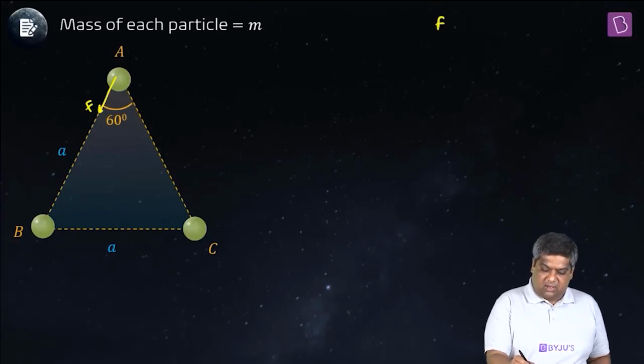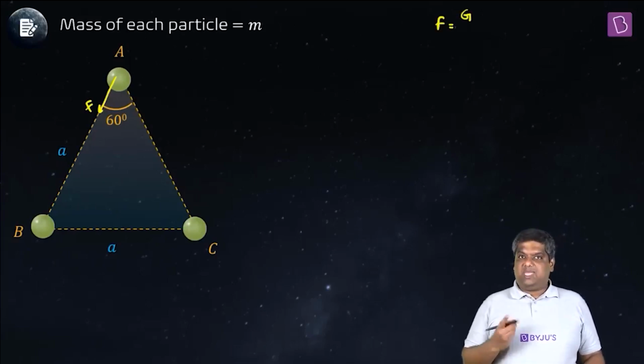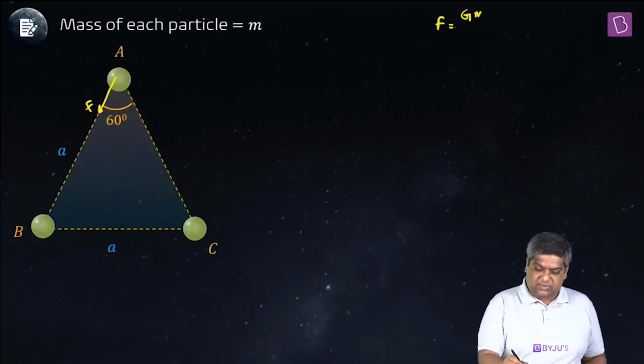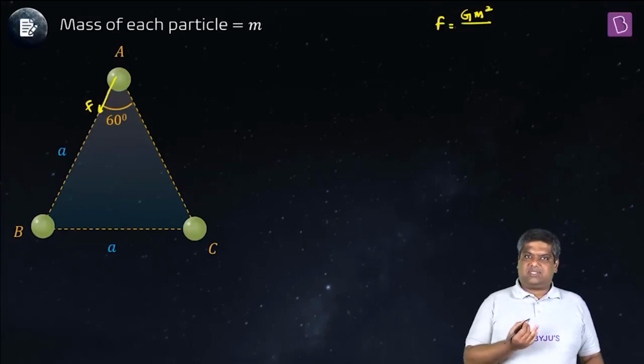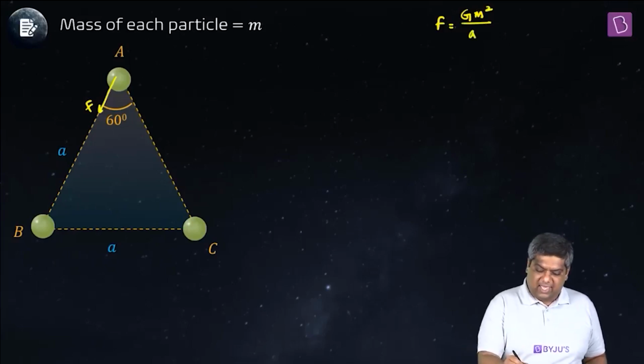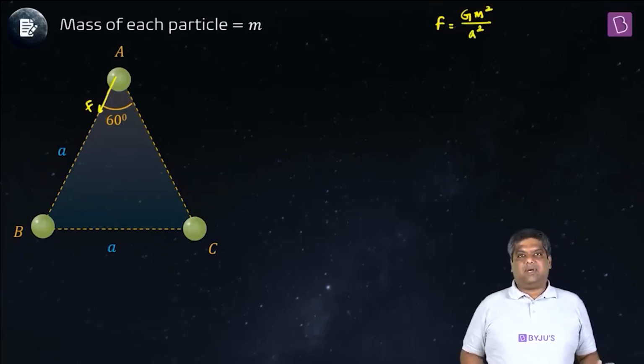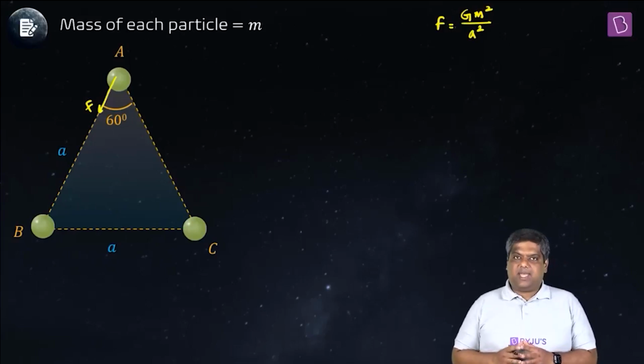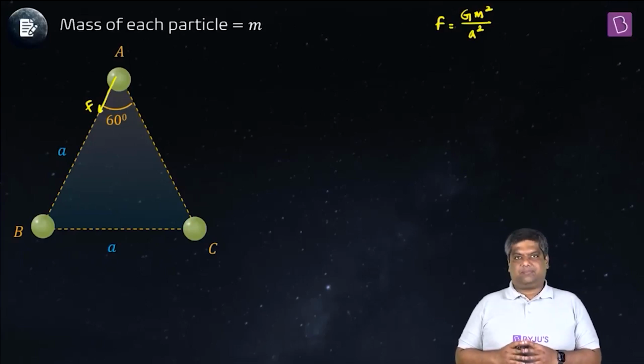And what is the value of that F? It is G, mass of A into mass of B, both are M, so M squared, by distance between them, which is the side of the equilateral triangle, A, so A squared. So F is Gm squared by A squared in that particular direction.